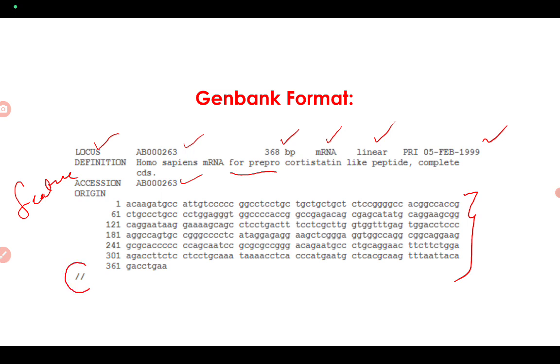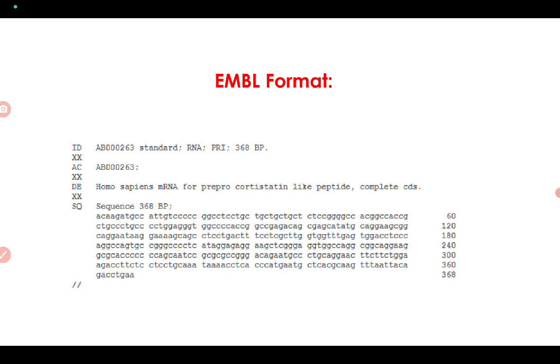All the things are available along with an identifier, that is //. In the case of FASTA it was the greater than sign. In the case of GenBank, it is //, which is the identification of GenBank. But there are other formats that also use this //. For example, the EMBL format also uses this.